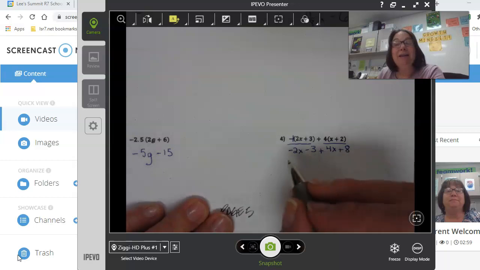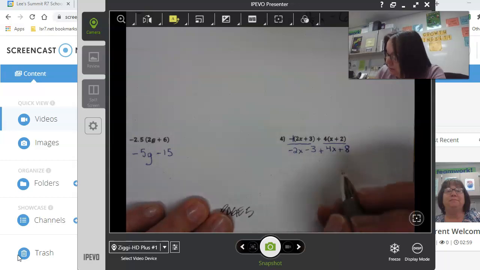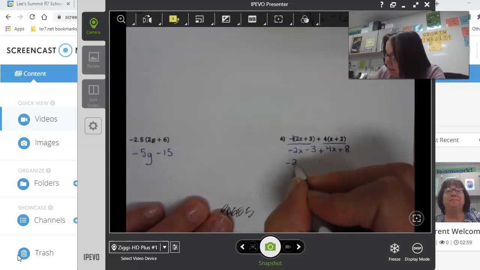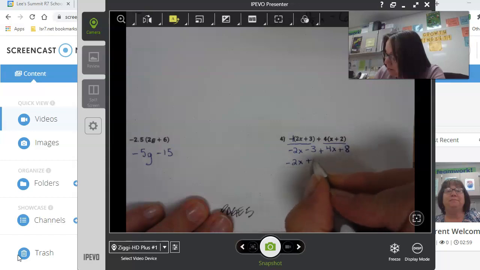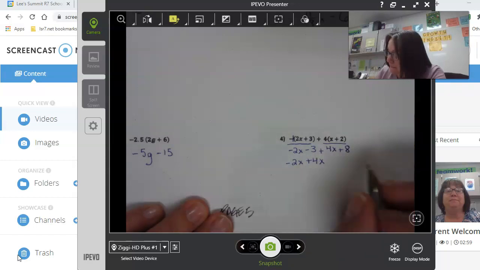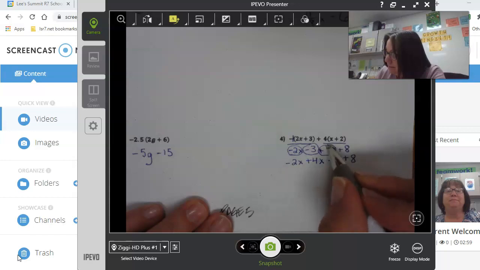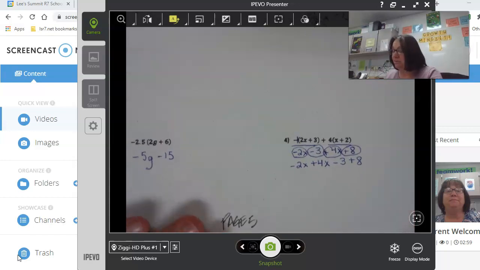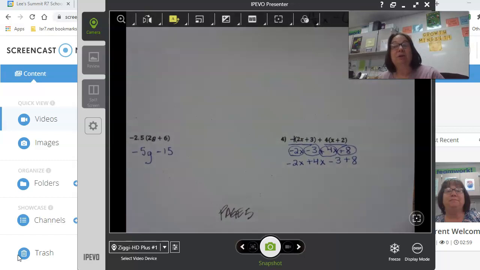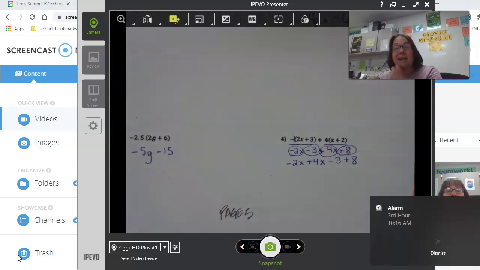Now I'm going to rewrite this so that my like terms are together. I'm going to have negative 2x plus 4x minus 3 plus 8. Keep in mind the sign always goes with the number that's behind it. So those are my 4 terms, and then I'm just going to put them in order.